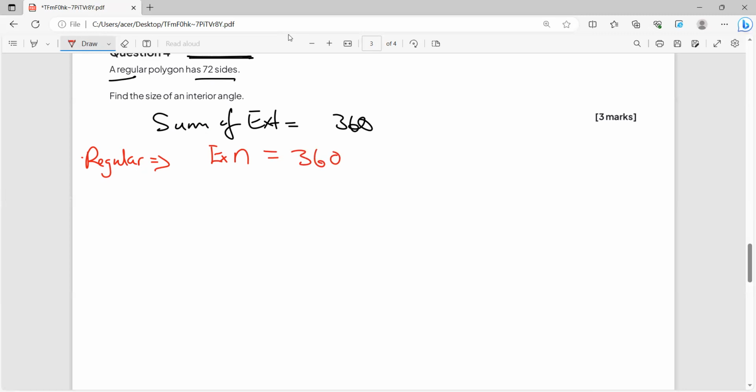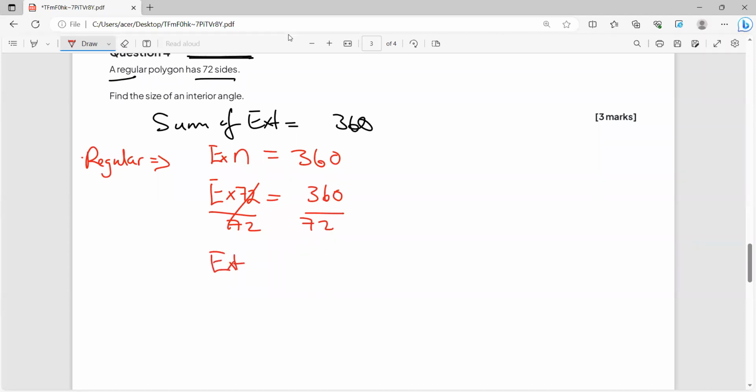So in this case now, we don't even have the exterior angle. Let's find it. So exterior angle times n, 72 sides, must give us 360. We divide by 72 both sides so that we get our exterior angle.